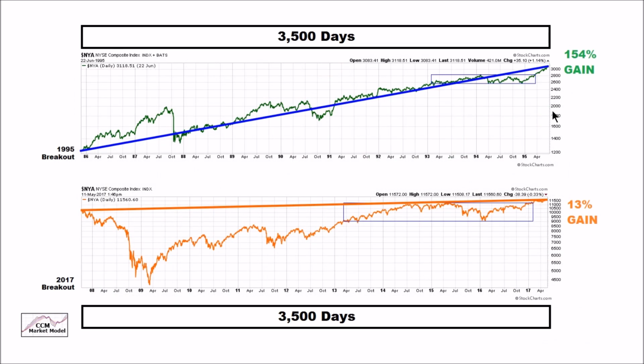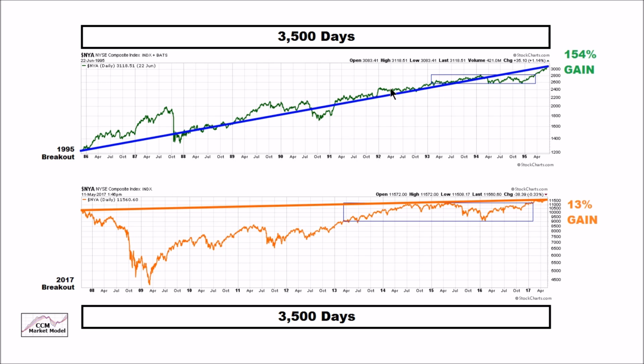If we compare similar points in time for the 1995 rally and the present day rally, if we look backwards 3,500 calendar days in 1995, the NYSE Composite had already posted a 154% gain.